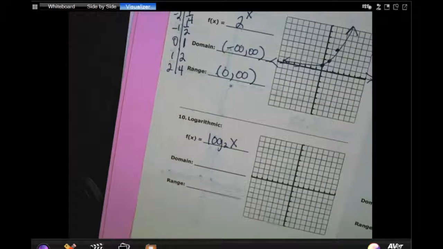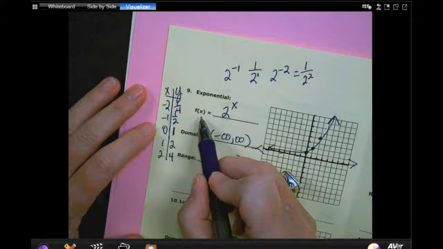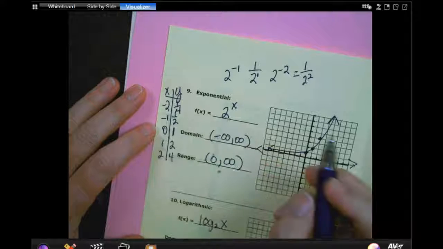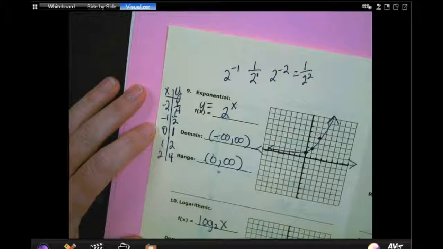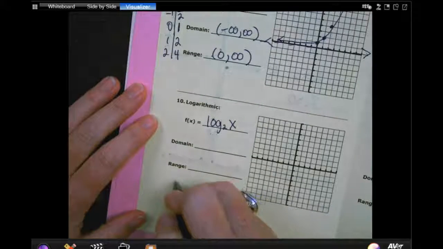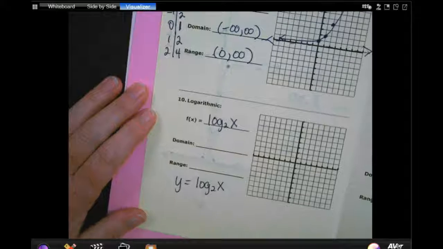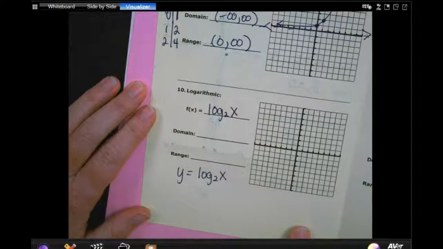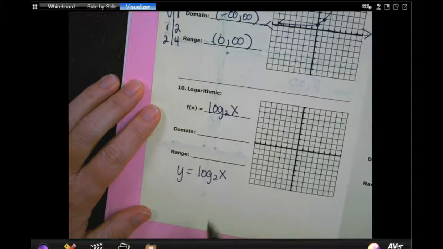Now, we wrote this, the f of x, what's that the same as, the letter? The f of x is what? So this is y equals 2 to the x, right? So here, I would have y equals the log base 2 of x. So if I wanted to write this in exponential form, do y'all remember the little circle thing from last year?